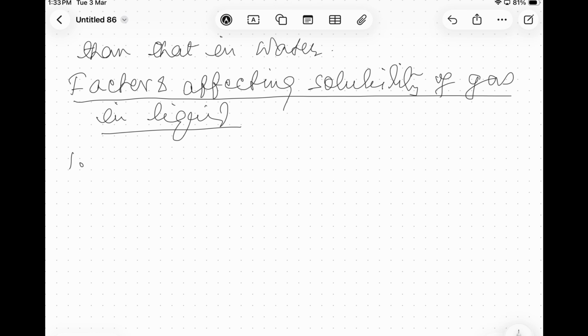Very first, effect of temperature. The matter can be explained on the basis of graph.